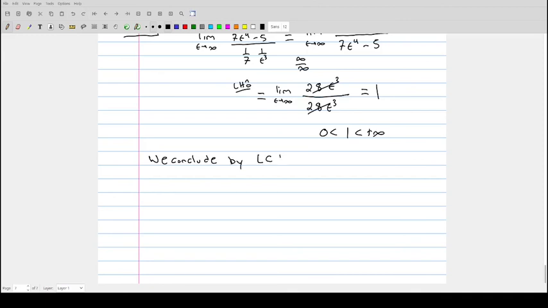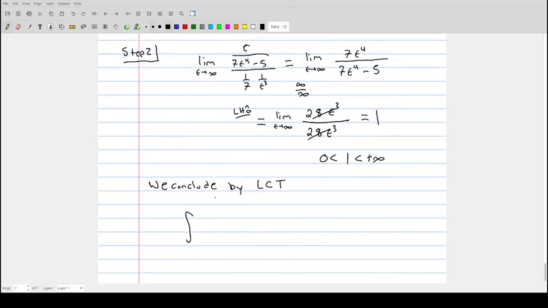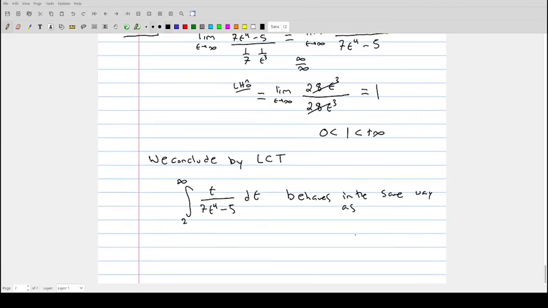by the limit comparison test that the improper integral of t over 7t to the 4th minus 5 from 2 to infinity behaves in the same way as the improper integral of the comparison function, or the improper integral from 2 to infinity of 1/7 times 1 over t cubed.